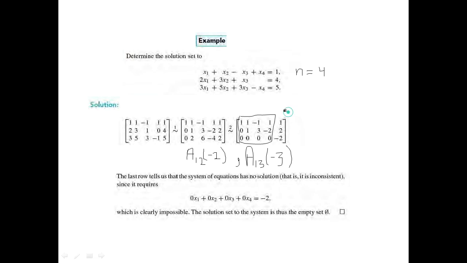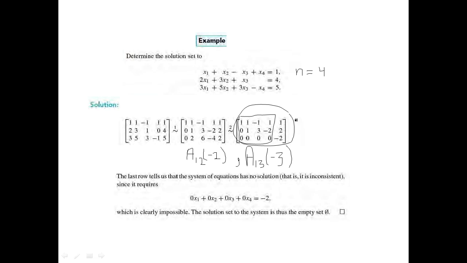Similarly, if you check the rank of the complete matrix, its rank is 3. Since both ranks are not equal, the rank of the coefficient matrix is not equal to the rank of the augmented matrix, right?